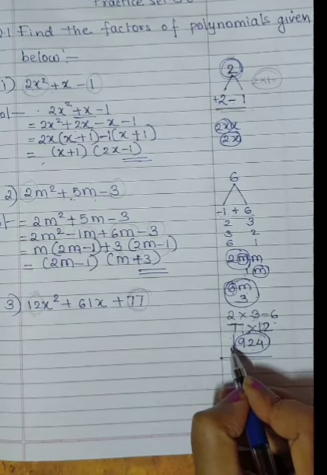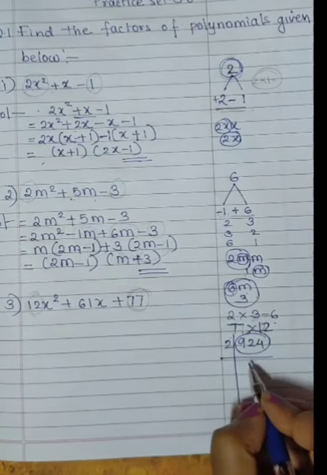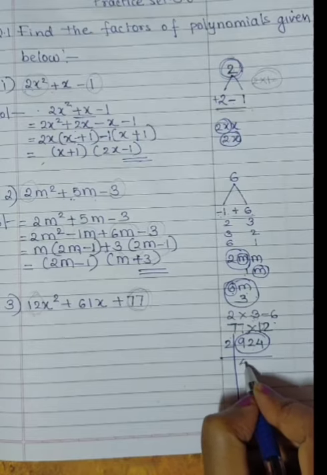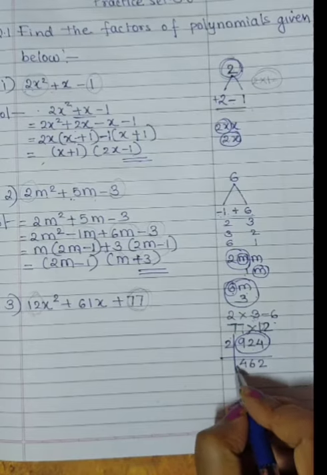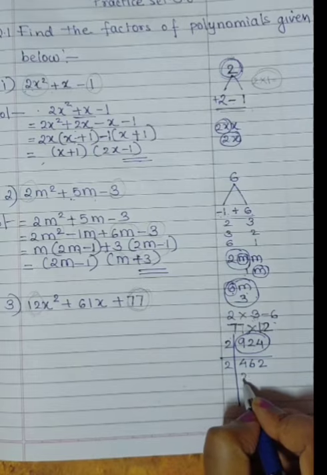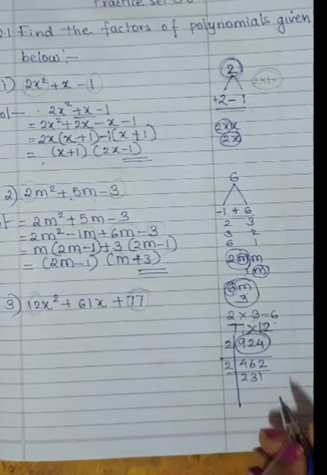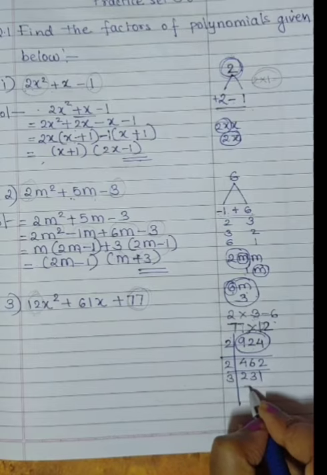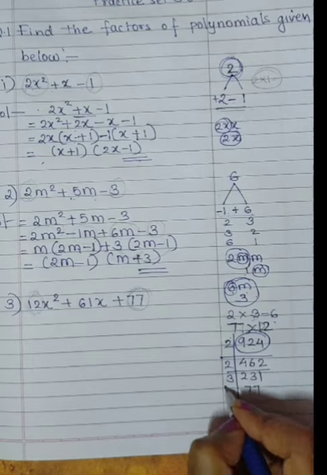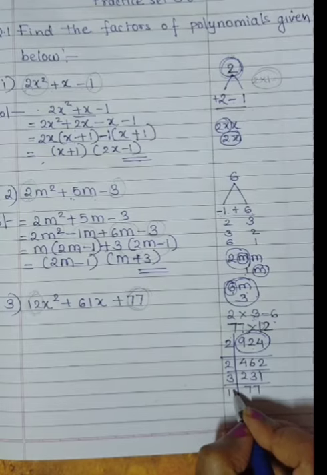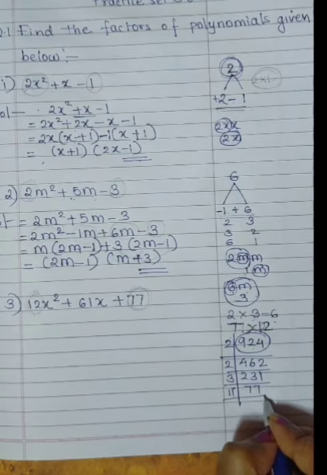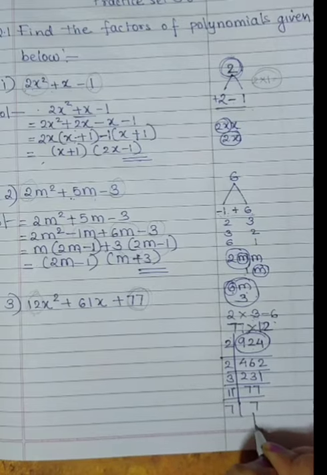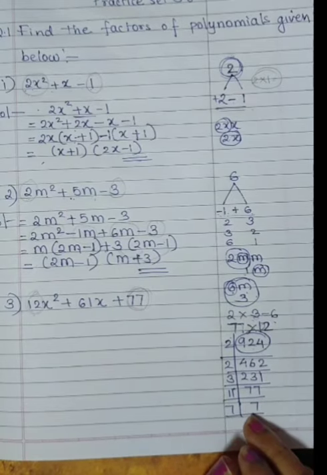Then I will take 2: 2 4s are 6s are, and 2 2s are 3s are, then again 3 7s are 21, again 3 7s are 21, then we'll get 11 7s are, then 7 1s are. These both are prime factors.